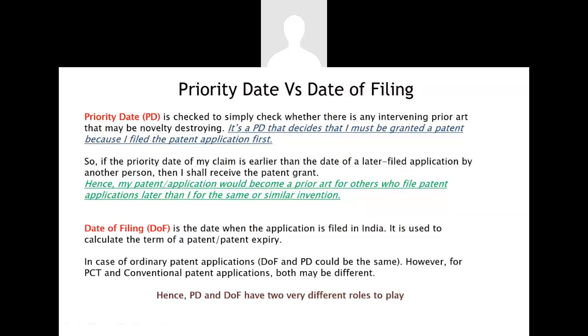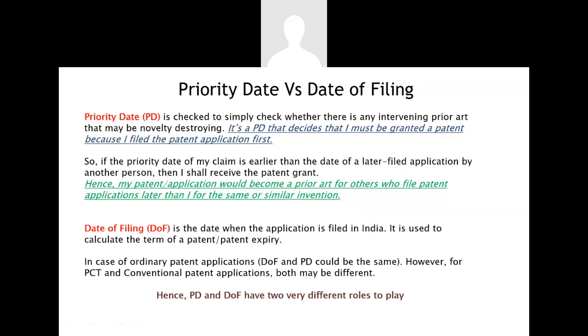So let's say if on a certain X date you go to the patent office and file your patent application for subject matter Z, then anybody who may have come before your priority date and filed for a patent application, or it's published in some journal article, in a research thesis, or wherever in any part of the globe, can actually kill the novelty of your invention, and your invention may not get a patent granted.